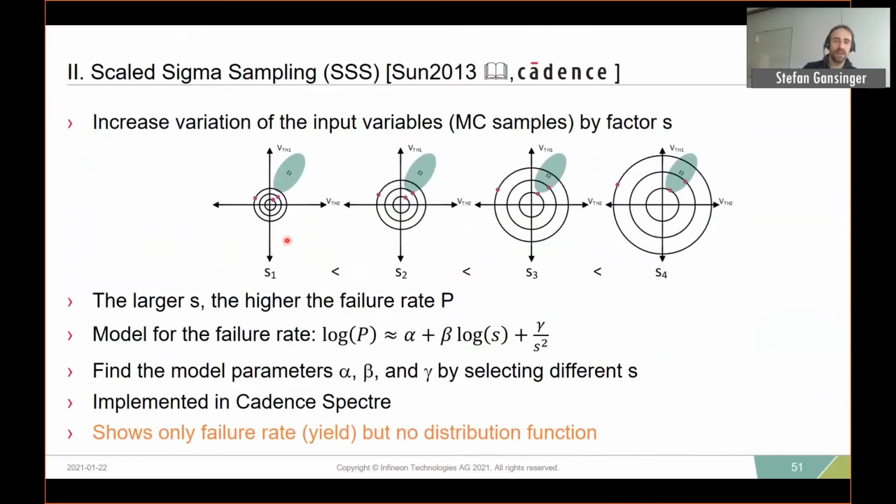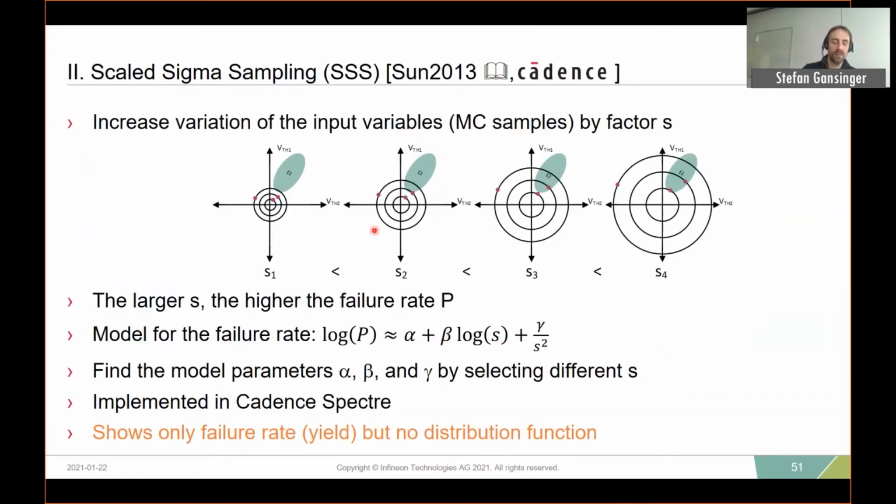The idea of this method is we define a model for the failure rate. The failure rate is the yield. And the model is done like this. We have three constants or model parameters, alpha, beta, and gamma. And we have a scaling factor S. This scaling factor is a factor which we use to scale the sigma of our input variables.